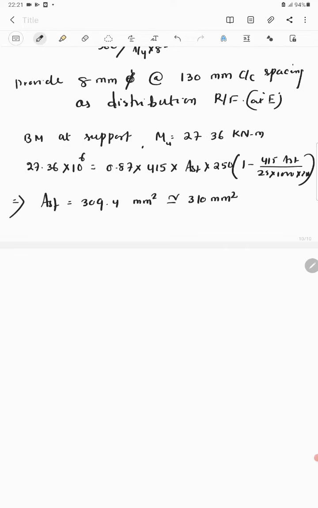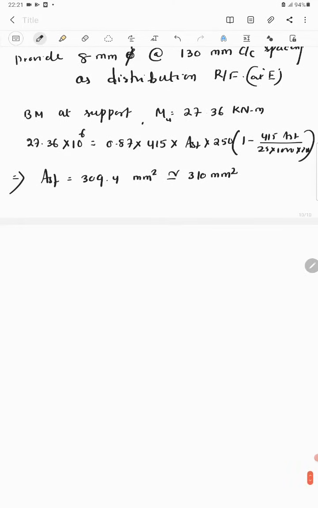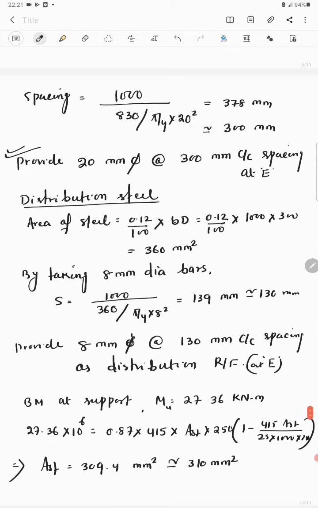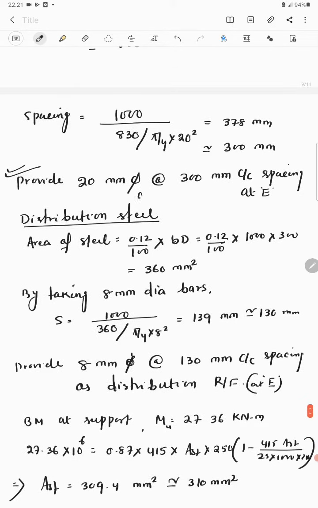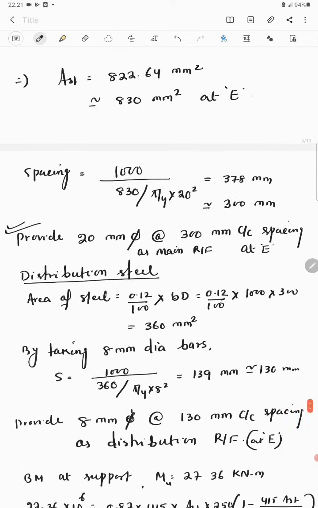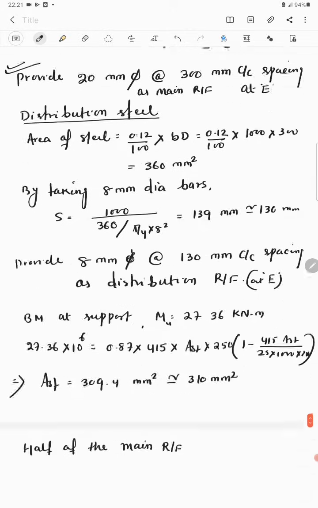Now again, at the support we have to bend half of the bars. So half of the main reinforcement, so what is the main reinforcement amount? This is the main reinforcement at E, and the amount is 830.